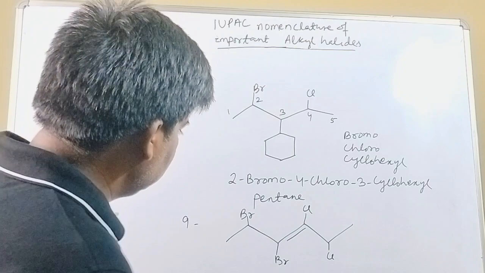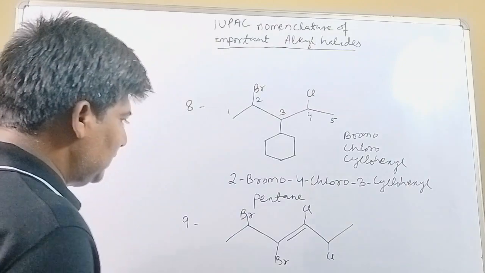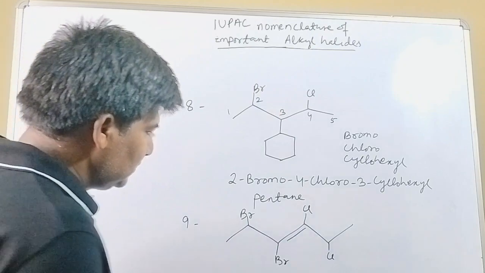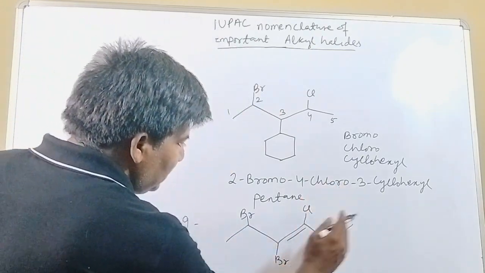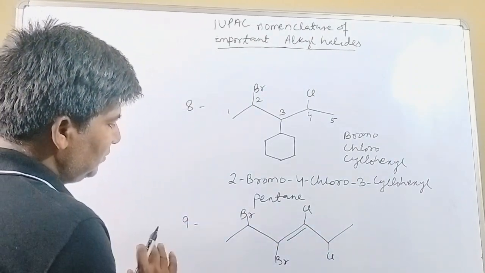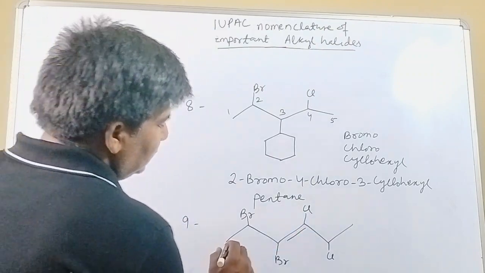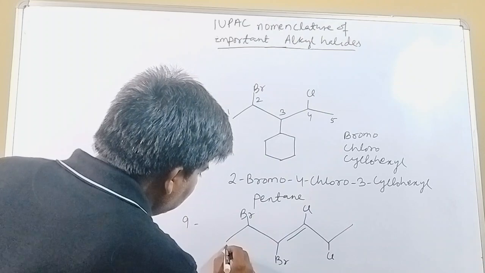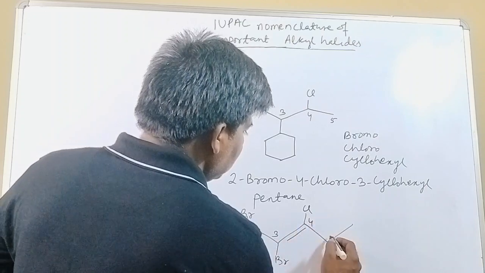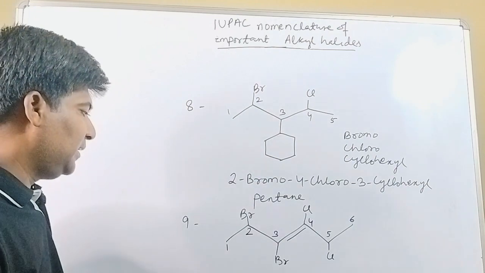There are 2 bromine substituents and 2 chlorine substituents. And we should start numbering such that the double bond gets the lowest possible locant. So if we start numbering from right to left, the double bond gets position number 3. And if we start numbering from left to right, it also gets locant 3. That's why we should start numbering from left to right: 1, 2, 3, 4, 5, 6. This is a substituted hexene.